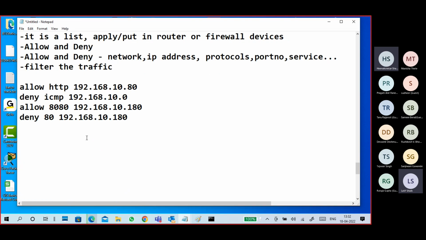Of course, different types of access control list are there, like static and dynamic, named, extended, standard. We can say standard and extended.